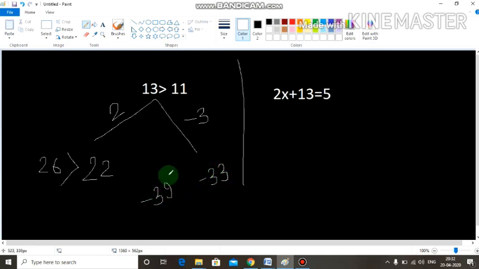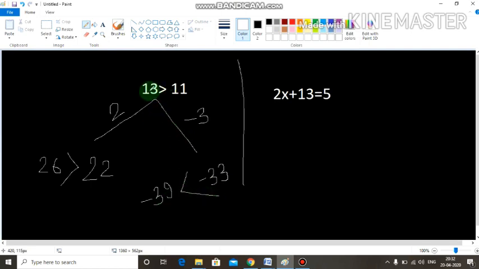Now which unequal sign will be placed here? Obviously less than. Minus 33 is greater than minus 39, so the unequal sign will be this. This is true.